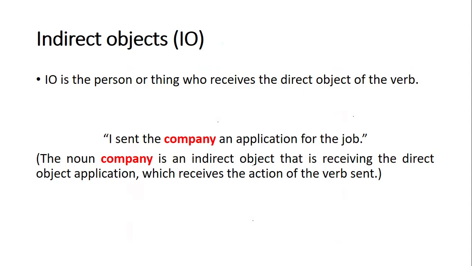An indirect object is a person or a thing that is the object of the verb. Let us compare this definition with our definition of direct object. What was the definition of direct object? The definition said that a direct object receives the action of a verb, but an indirect object is a person or a thing that receives the direct object of the verb, right?